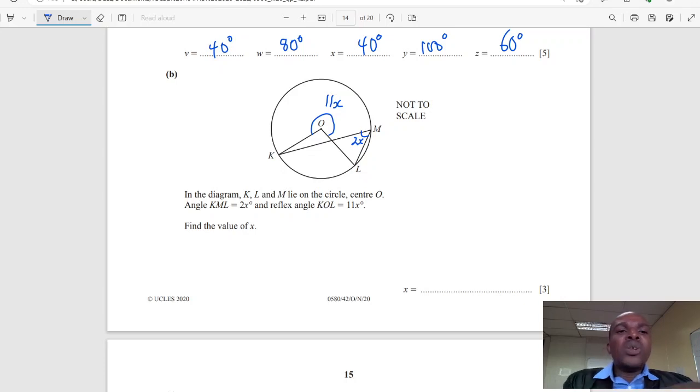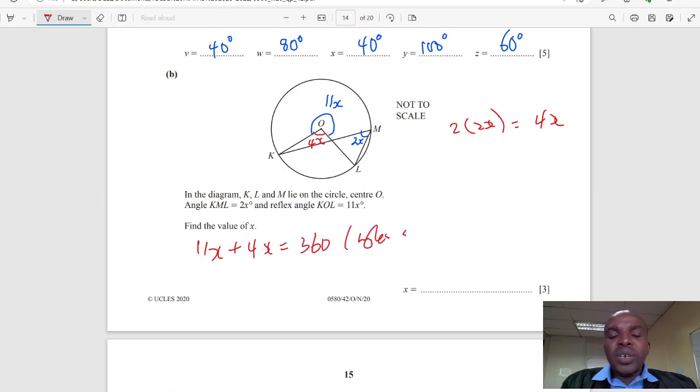Okay, we can use theorem number one. It says angle at the center is twice angle at the circumference, which means the two angles whose relationship can be found are this and this one marked red. This marked red is twice 2x, so this angle is actually 4x. Then angles at a point add up to 360 degrees, which means 11x plus 4x is equal to 360 degrees.